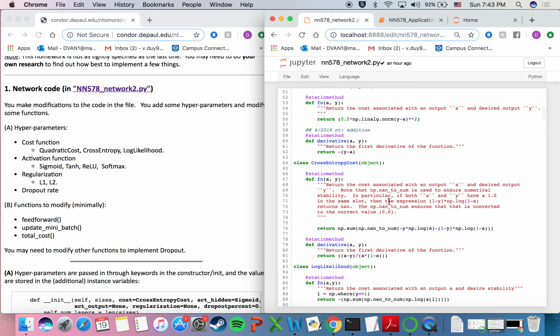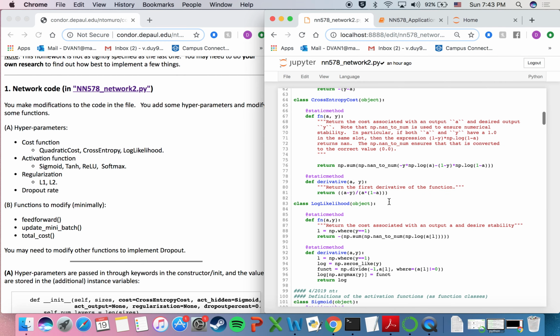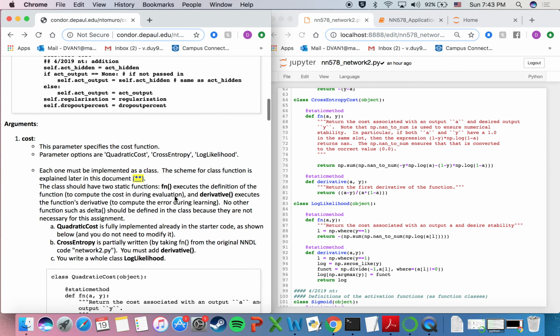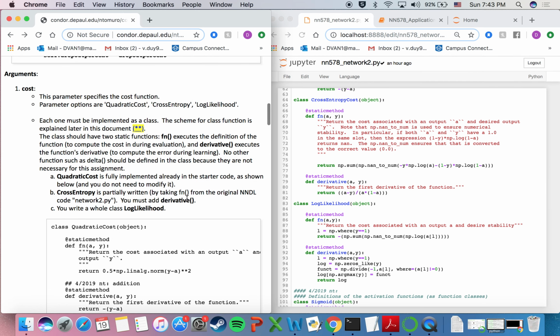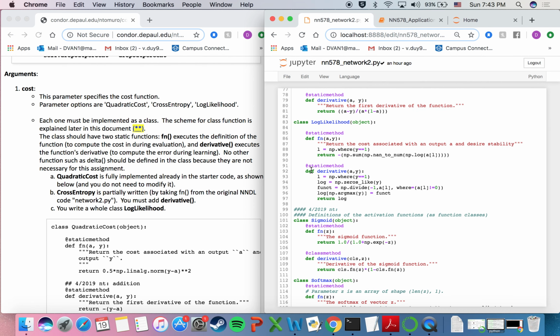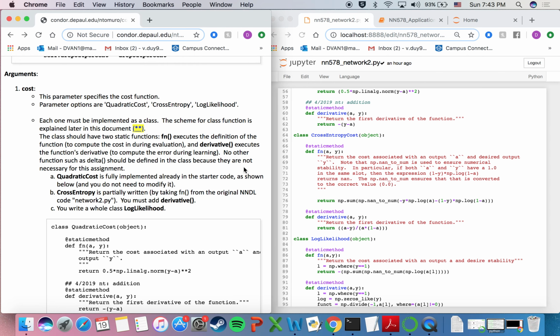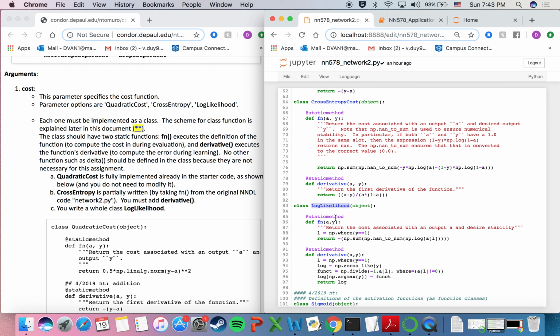So first of all is the cost function. Cross entropy cost has been implemented, so there is no need to modify it. There are two cost functions that I have to work on: the cross entropy cost and the log likelihood cost.